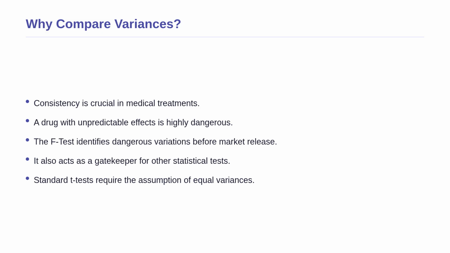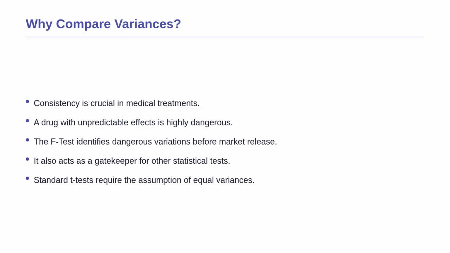You might be wondering, why do we care so much about comparing variances in real life? In fields like medicine and biology, consistency is vital. For example, suppose a new blood pressure drug lowers pressure by the same average amount as an older drug. However, if the new drug causes wild, unpredictable swings in some patients, it is highly dangerous.